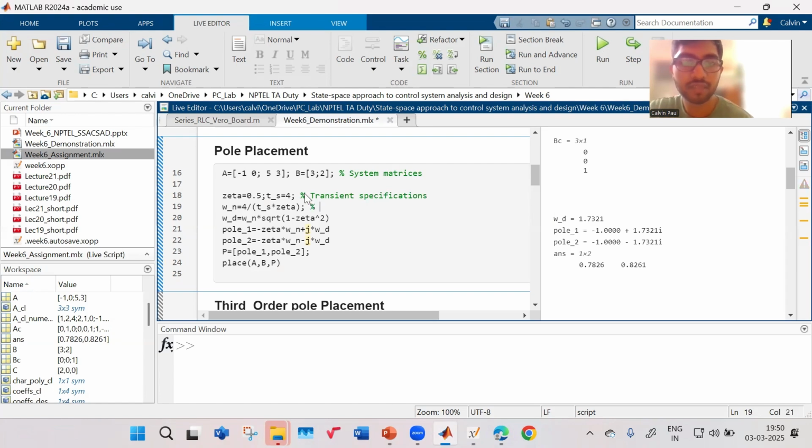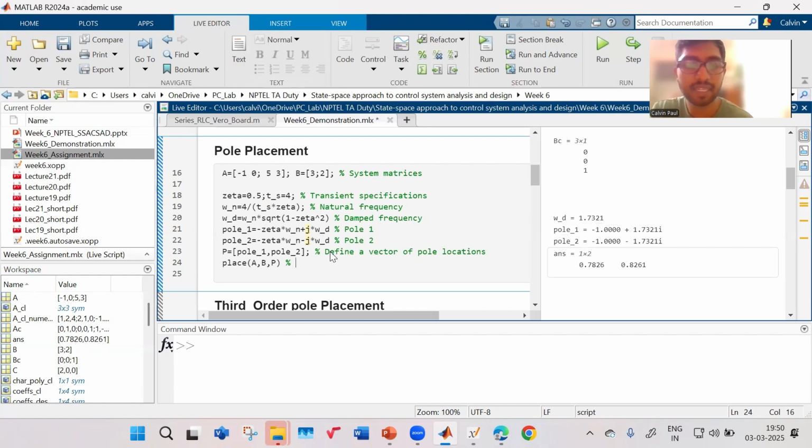From that I find the natural frequency, and then I find the damped frequency. After finding this, this is my pole 1 and this is my pole 2. Both of these are my poles. Then I define a vector of pole locations.